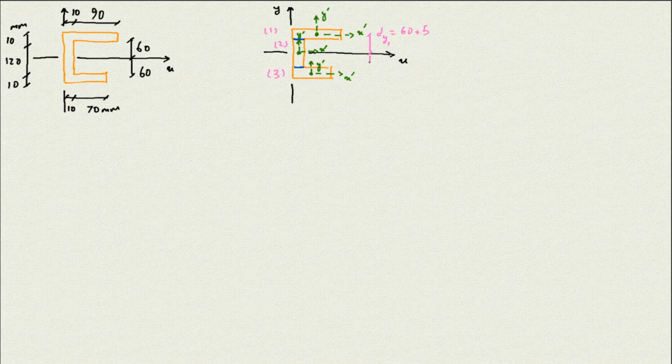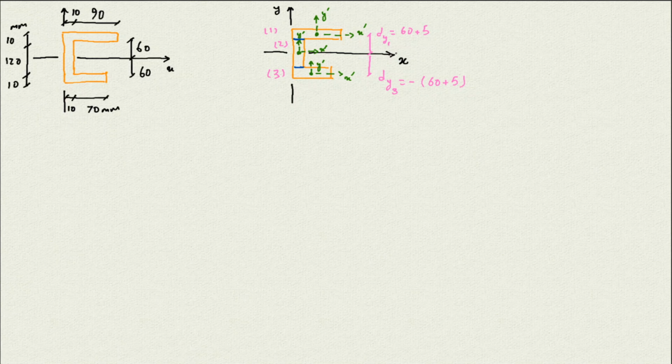And then for the bottom part, between this x prime and the x axis, d sub y for the third one is going to be negative because it's beneath the x-axis, so it's going to be negative 60 plus 5. And let me make this more clear. So this is the x-axis here.